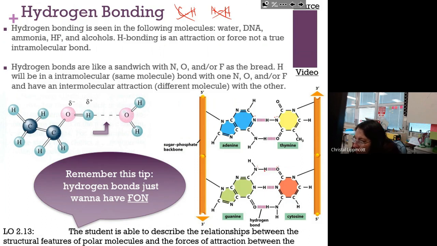Well, this hydrogen here is attached to a nitrogen. This is an intramolecular bond. This is a covalent bond. These are two completely different molecules here. This is one molecule, and this is another molecule. This is your hydrogen bonding.